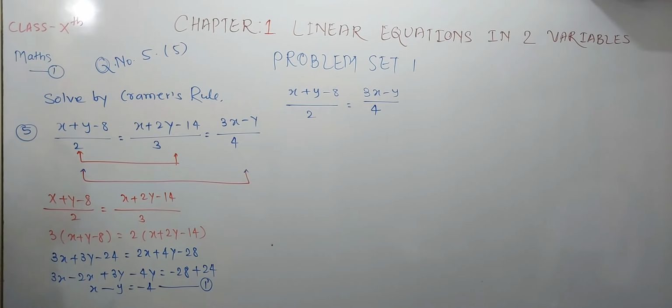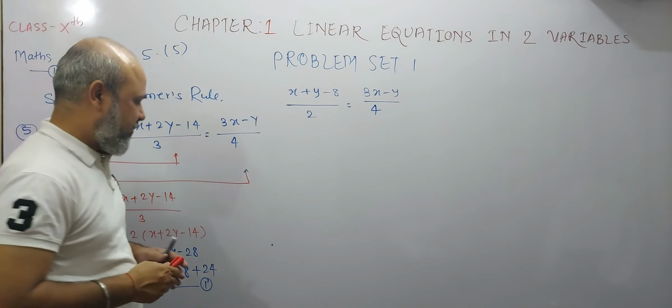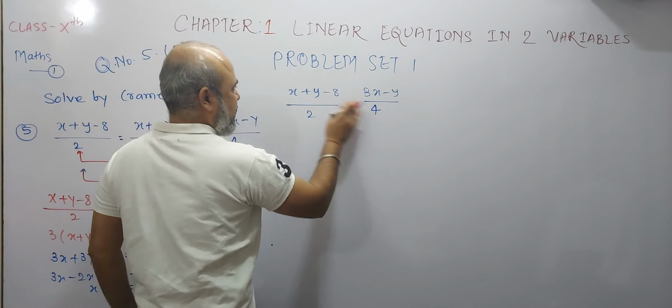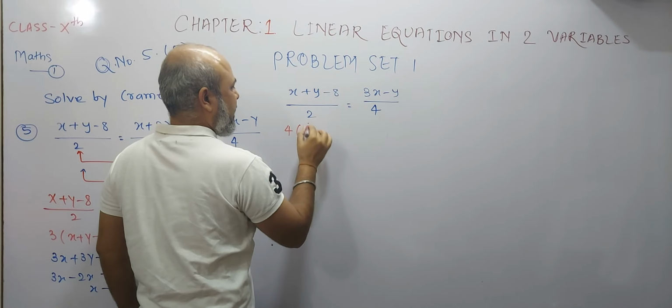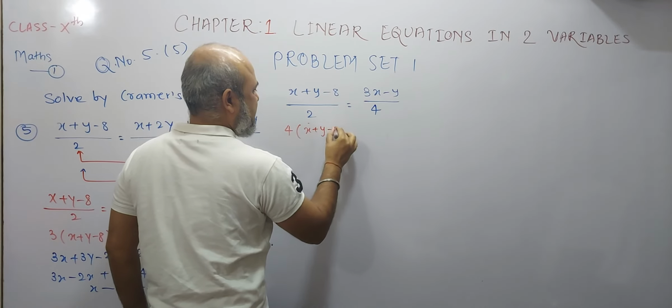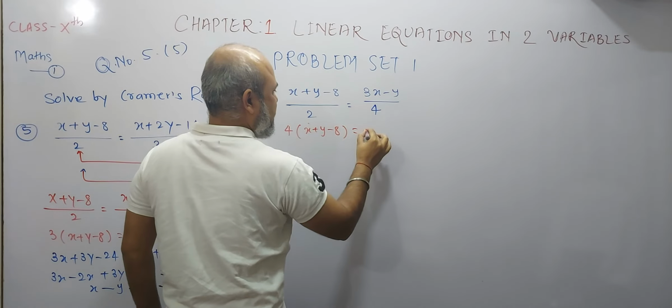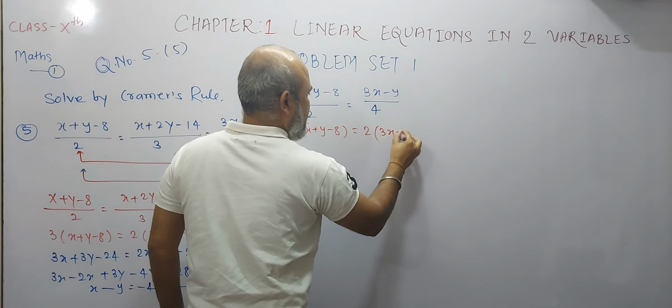Again you will solve this equation, so you will get equation number 2. Just cross multiply, so 4 times (x + y - 8) is equal to 2 times (3x - y).